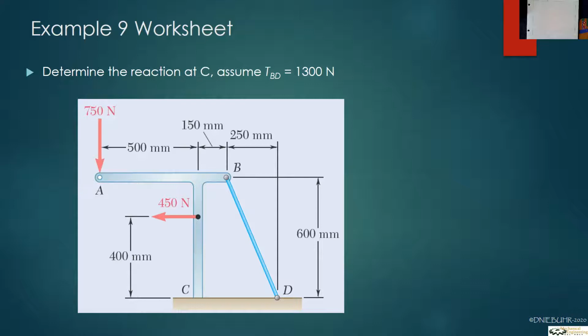One thing to notice is that C, the way that it's on the ground, is like a telephone pole. If you have a telephone pole in the ground, not only can it support a force, but it can also support a moment. So we have to account for that in our free body diagram.